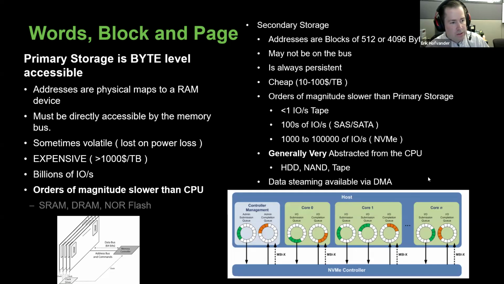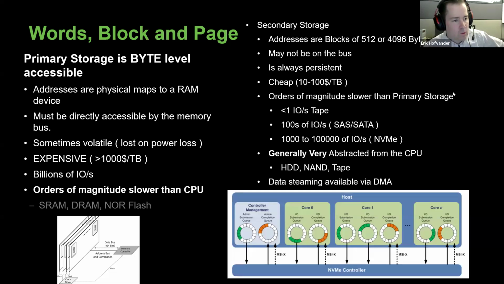Generally, secondary storage is abstracted from the CPU. What that means is the operating system actually does the requests. If I'm a CPU and I'm in a program, I can basically access any pointer I want. Obviously, if I'm outside of ring 0 controls, accessing some memory will cause a fault, but basically the entire bus is available.